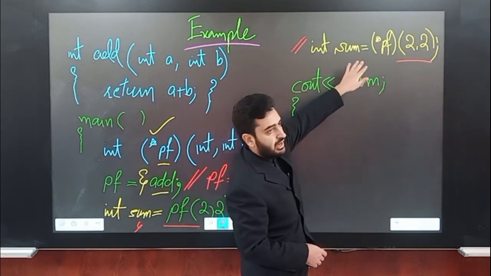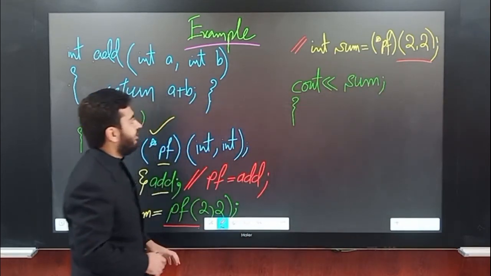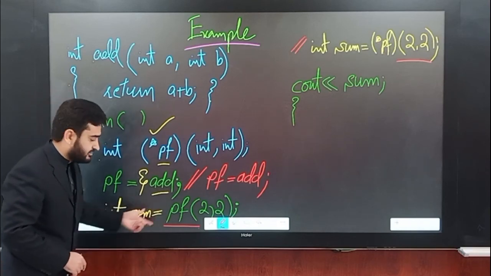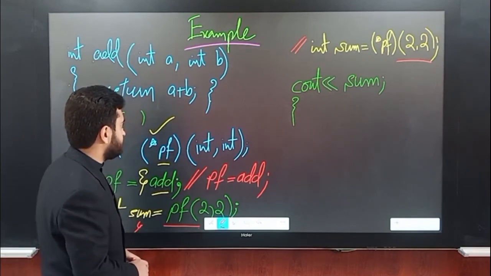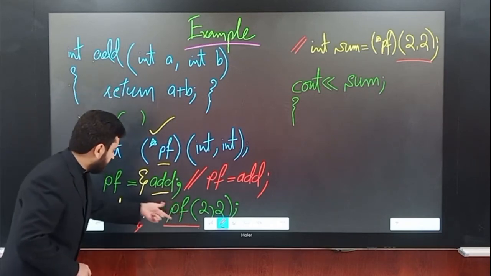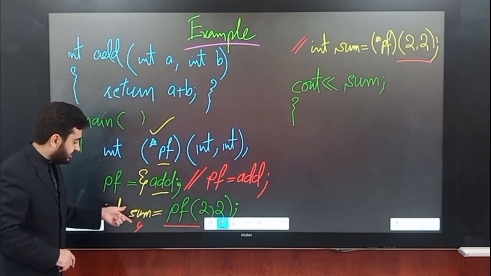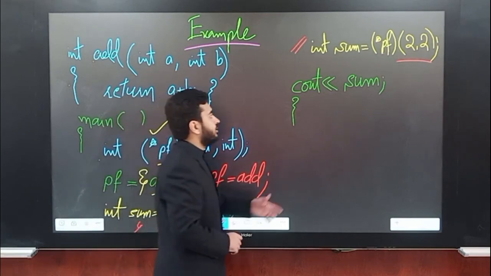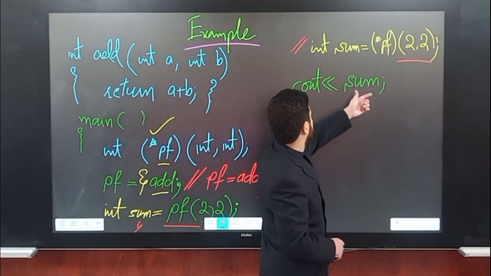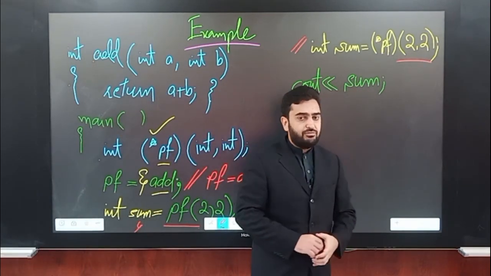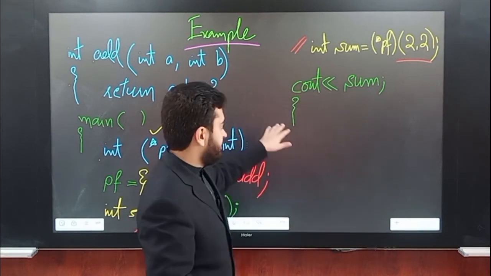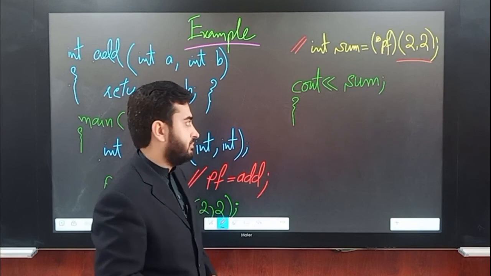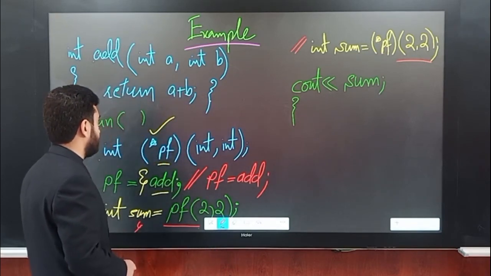So it looks like a complex version of calling a function using a pointer, and this is a simple version of calling a function using a pointer. Okay, so the return value is coming to the sum variable, and then you can use that sum variable for your desired processing. And here we are printing the value of sum using a cout statement.